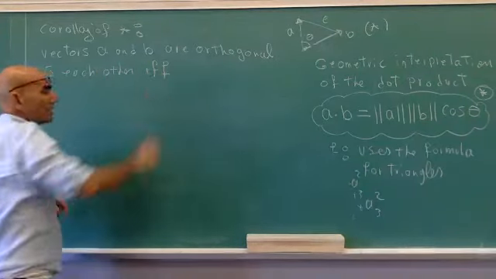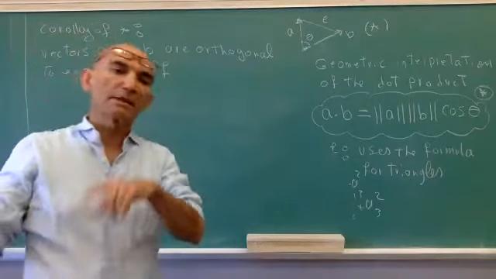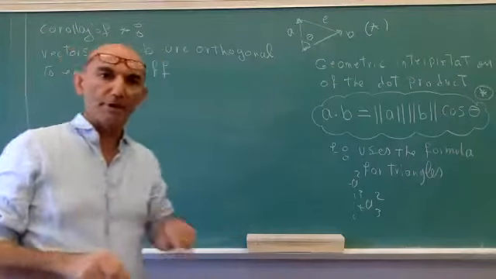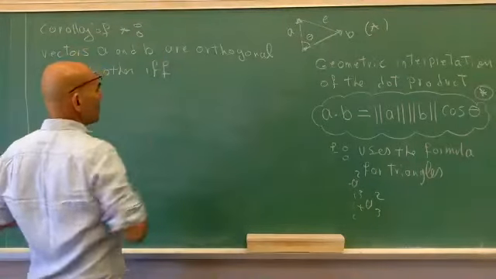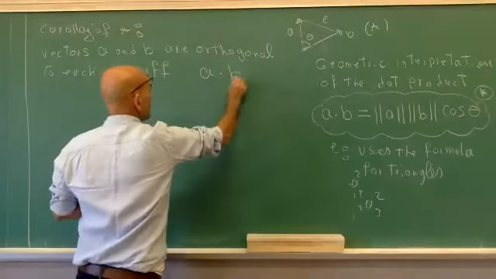When I write IFF, it means if and only if. It means it's implied and it implies, both directions hold. Right? If and only if A dot B is equal to 0.